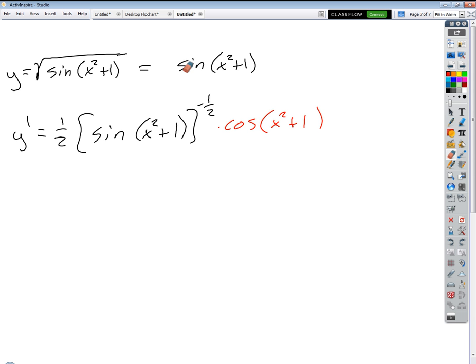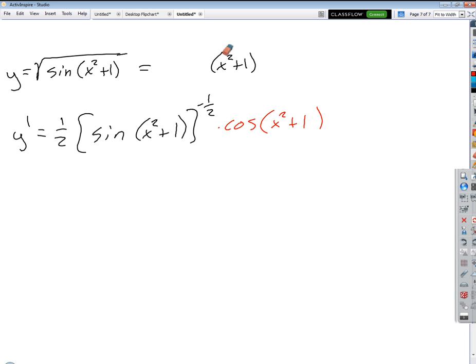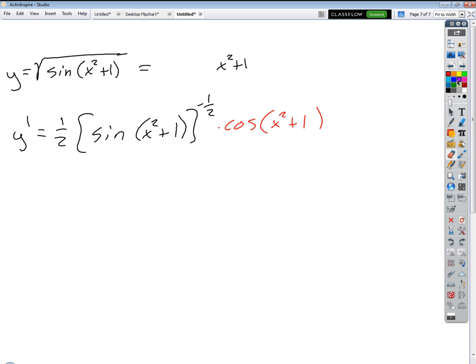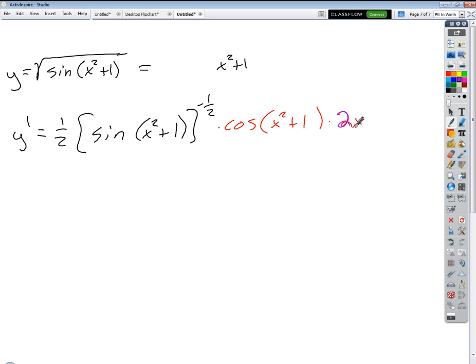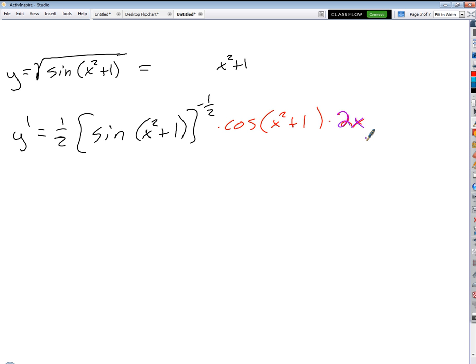Now we're gonna peel away that layer, and what do we have? Then you times the 2. Why did you do that? Because there were 3 layers to this one, right? We have to keep going until we get to the center of the heart of the onion, right? So now the derivative of x squared plus 1 is just 2x. And that's our answer.